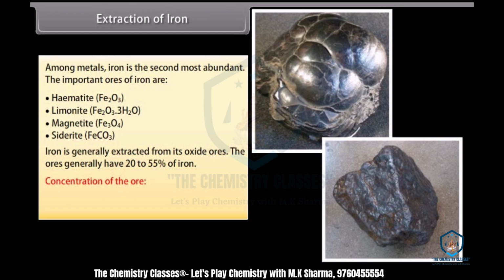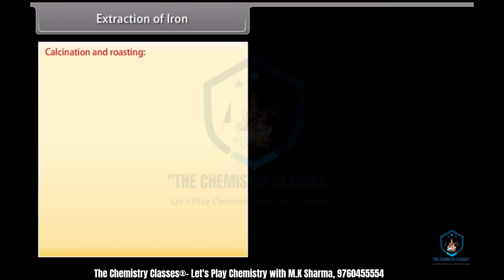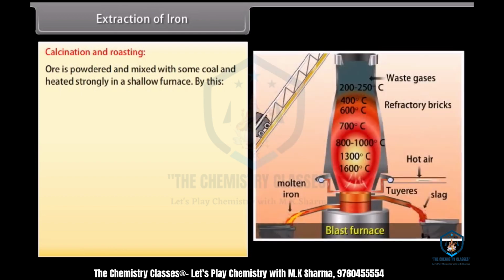Concentration of the ore. Impurities of clay, sand, etc. are removed by levigation. Calcination and roasting. Ore is powdered, mixed with some coal and heated strongly in a shallow furnace.